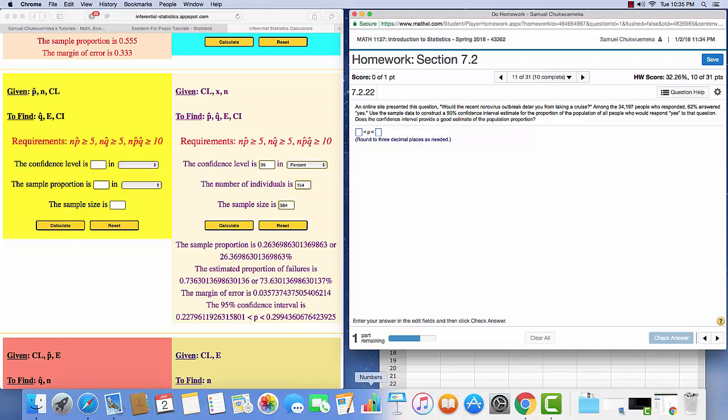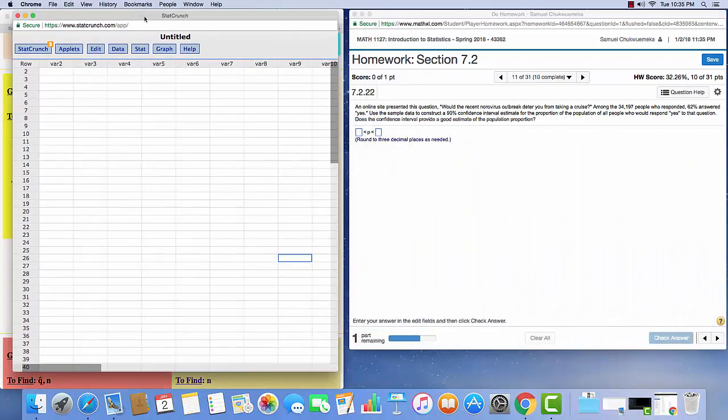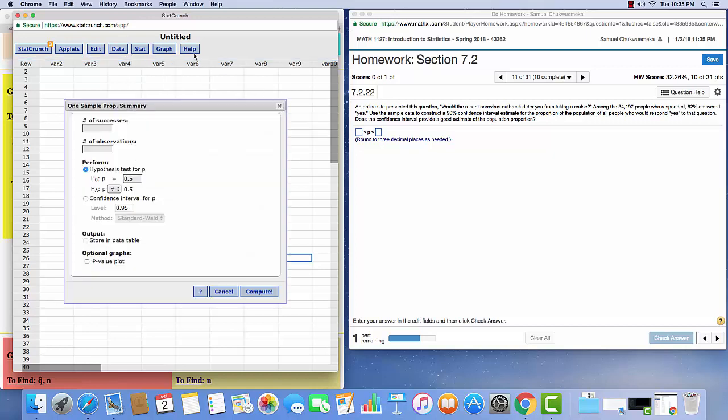Okay. So we're going to use Statcrunch in this case. You go to stats, proportion stats, one sample with summary. Number of successes is 62% answered yes. If you look at this question though, you have to be careful.